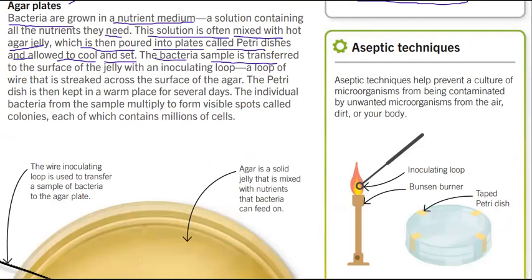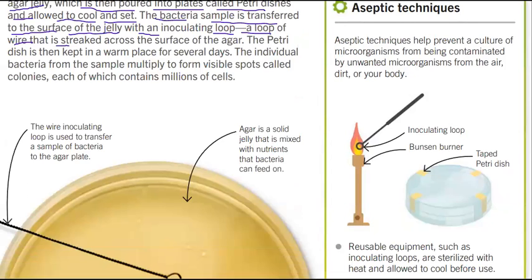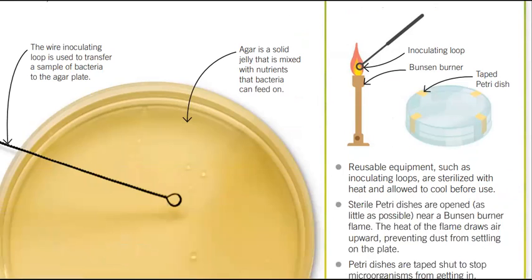A bacteria sample is transferred to the surface of the jelly with an inoculating loop, a loop of wire that is streaked across the surface of the agar. Here you can observe how it is done.